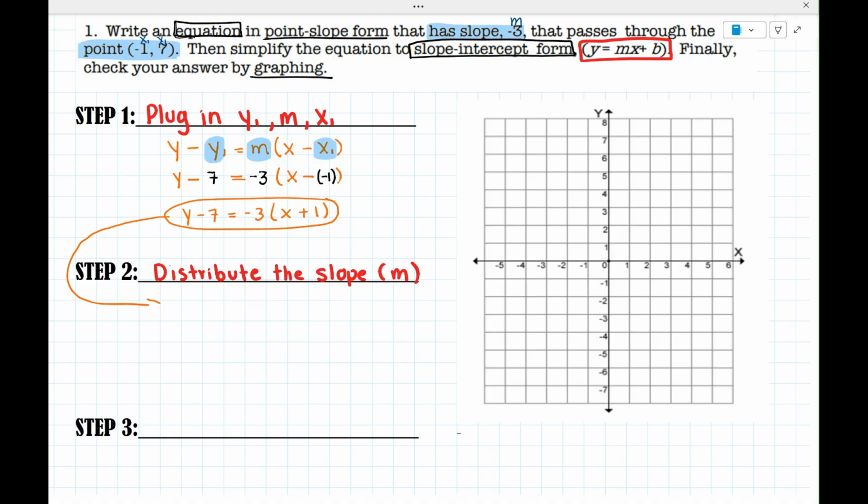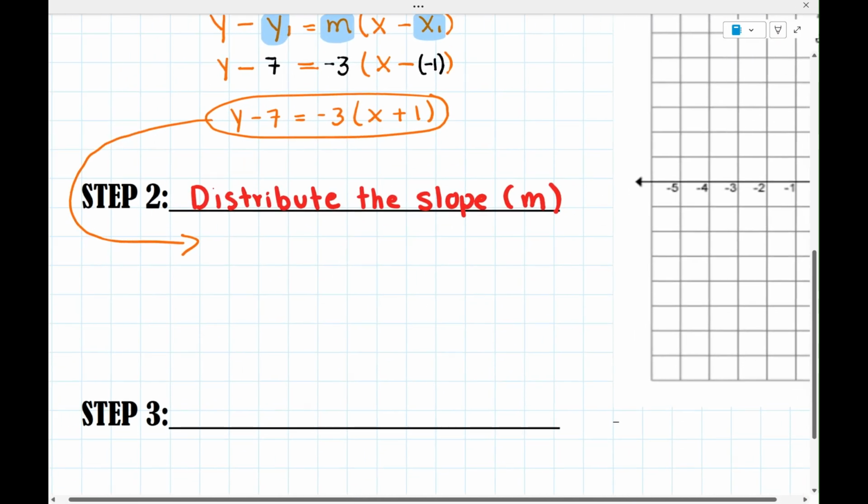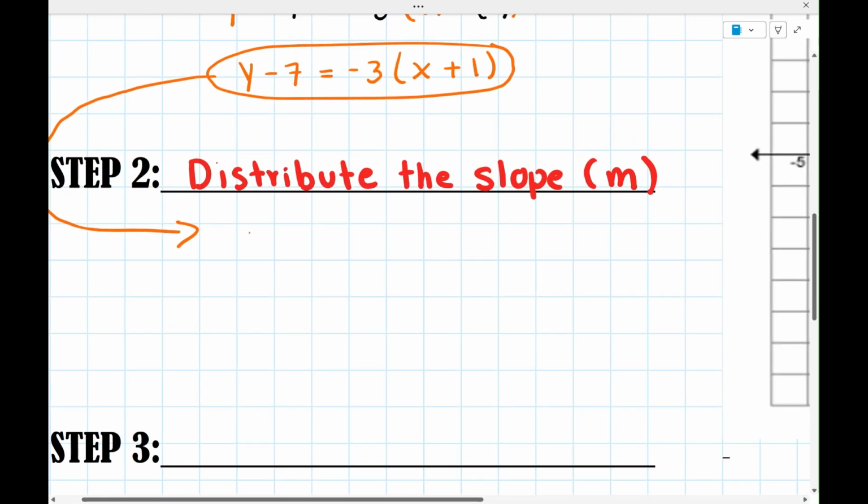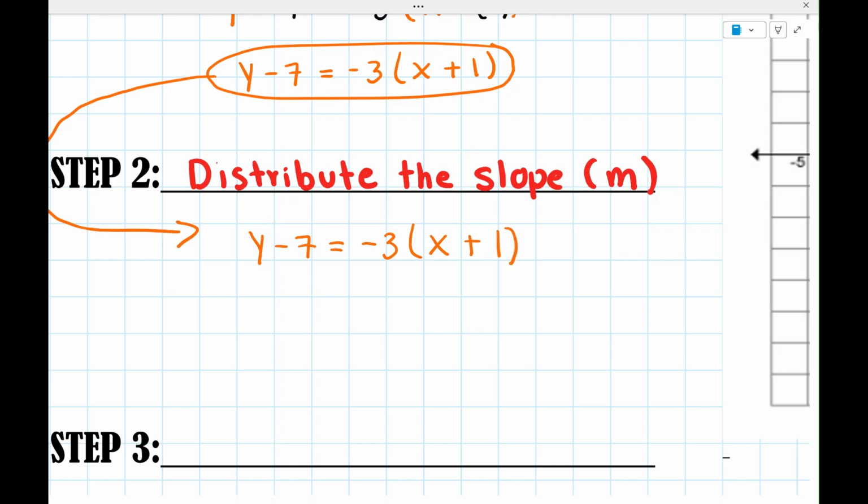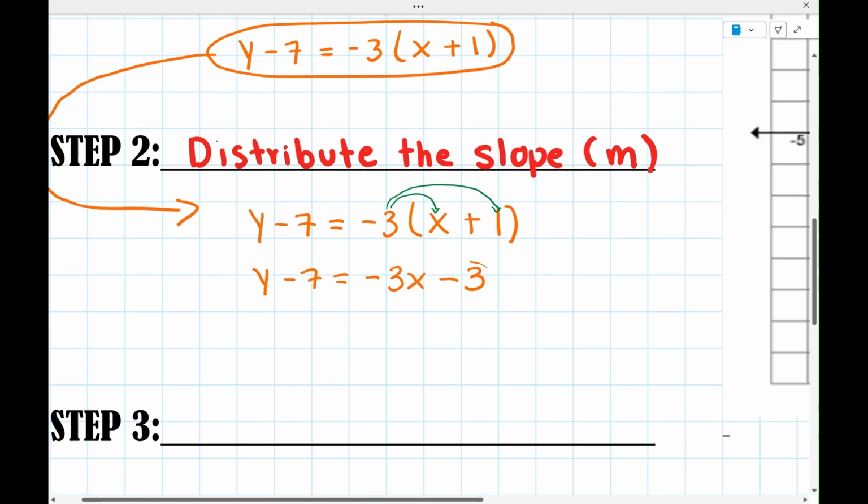So let's go ahead and grab this equation here, rewrite it, and then we're going to distribute that -3. Distributing means that we're going to multiply that -3 to our 2 terms inside of the parentheses. That's it for step number 2.